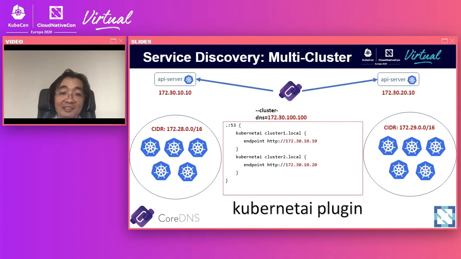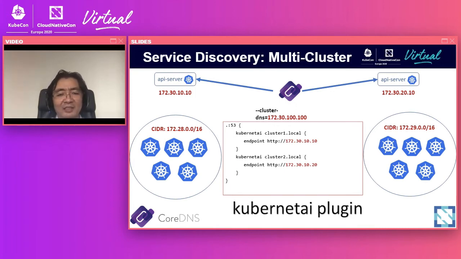But the only glitch is that your services are still separated. Each cluster has a unique base DNS domain, so you are pretty much just adding some DNS records.